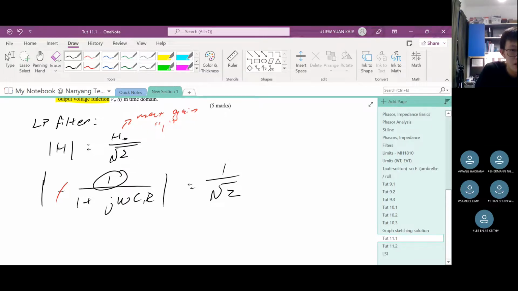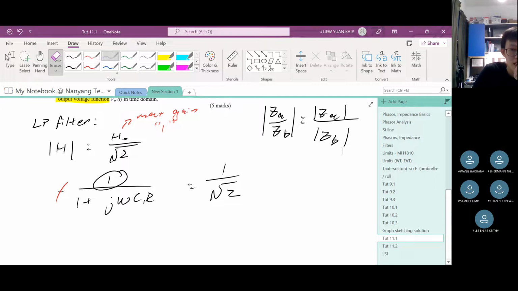And then modulus of a whole fraction, okay, just recap your complex number, modulus of ZA over modulus of ZB, I can just split it. So like that, over like that. Can? So that means this modulus, I can split it, right?